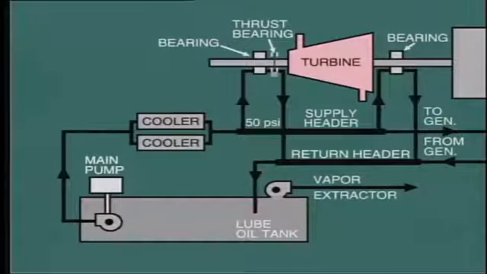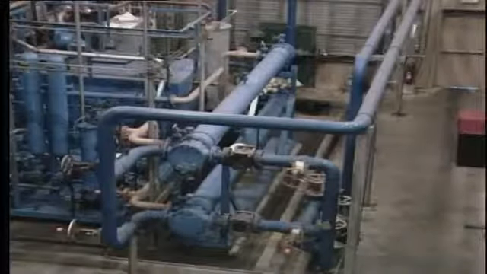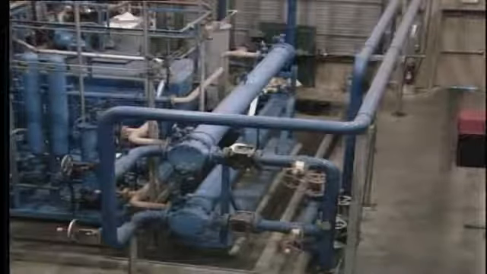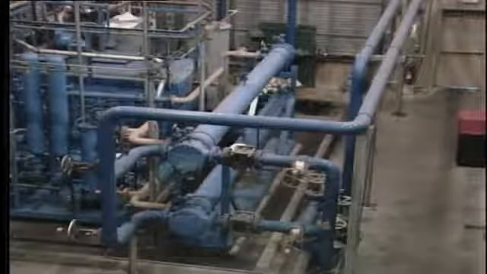The lube oil cooler is usually of the tube and shell type, with cooling water passing through the inside of the tubes. It is normal to fit 2 coolers so that one may be taken out of service for cleaning at any time. Thus, the change can be accomplished without interrupting the supply of oil.